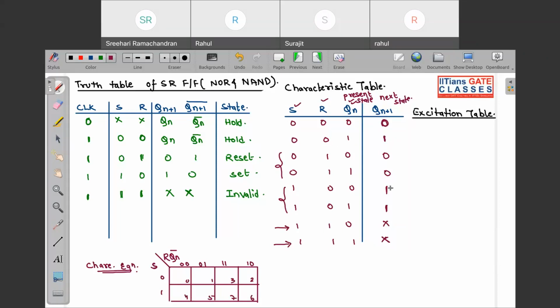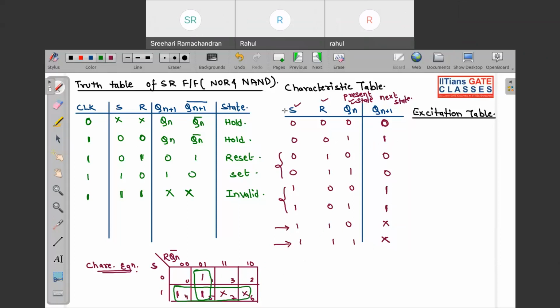So at 1, 4, 5 we have 1, and at 6, 7 we have don't care. So now let us do what? Groupings. So this will be one group of 4, and this will be one group of 2. So you can see what? Qn plus 1 is equal to, because I am writing for Qn plus 1 only, in this 4 cell, S is common. So S plus, in this 2 cell, what is common? R complement Qn. So this is the next state equation.